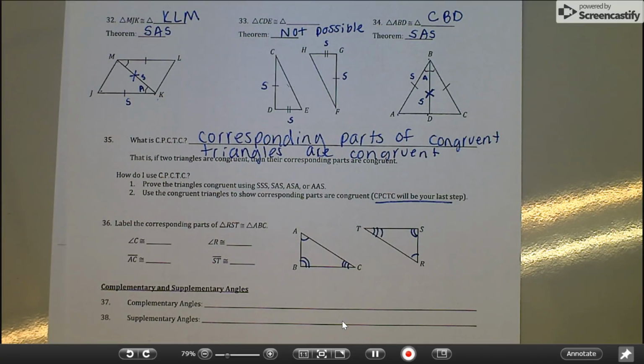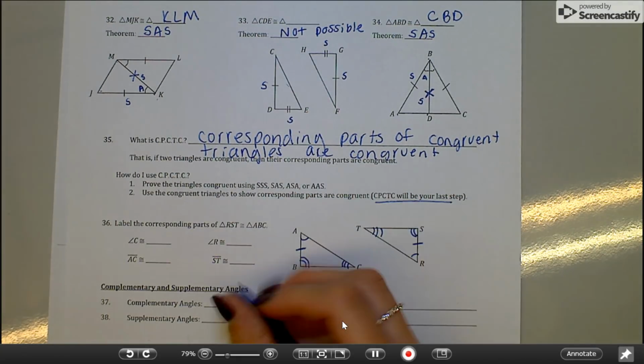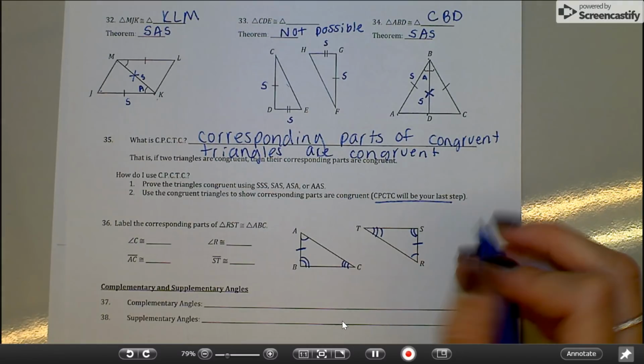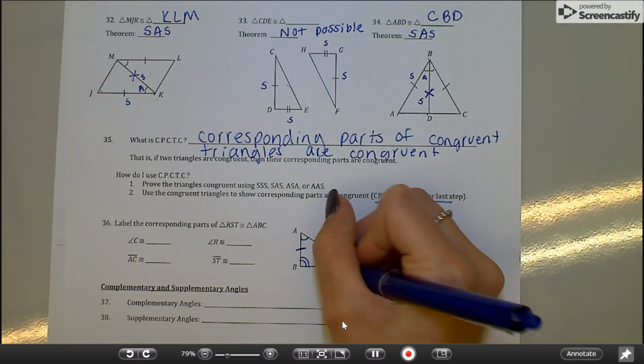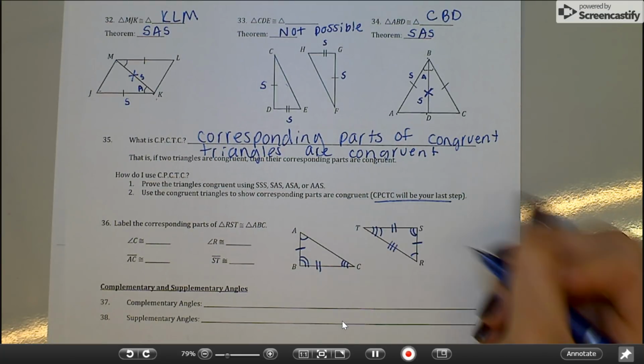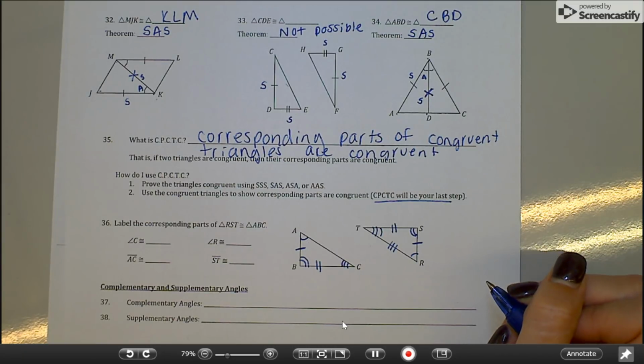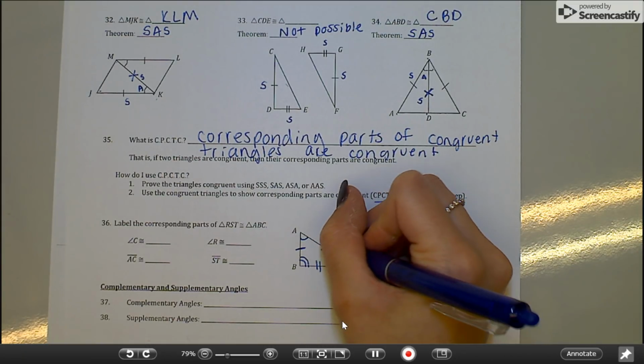Then we can label the sides that are congruent. The side RS will be congruent to AB. ST will go with BC. And then lastly, RT, I'll use 3 little ticks. So RT will go with AC.